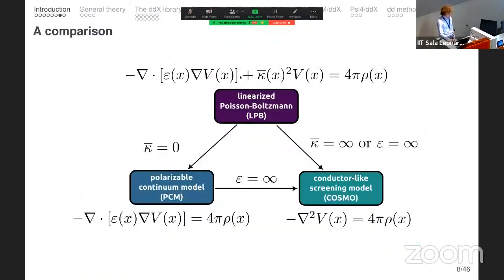In general, the linearized Poisson-Boltzmann, or even the nonlinear one, is the most general case. And by setting to 0 the ion concentration, we recover the polarizable continuum model. And by setting the dielectric permittivity to infinity, we recover the Cosmo case. Or we can take a shortcut by doing one of those 2 things to go directly to Cosmo.